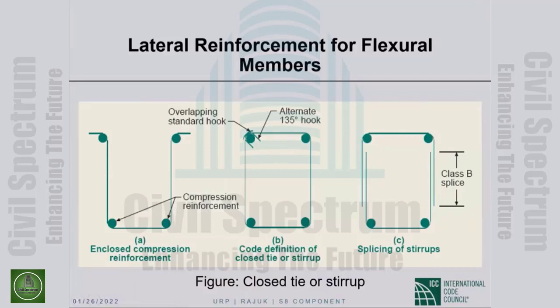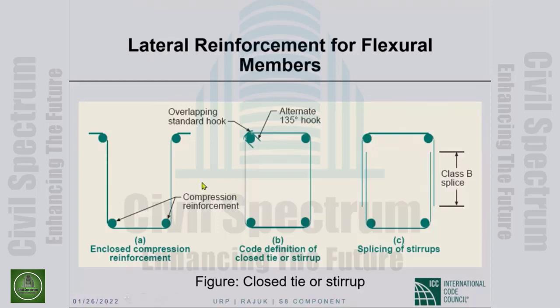Okay, and we say alternate because we will typically place the hooks on the left face and then on the next one on the right face, or you can have two-piece hoops like that where the two U's are lap spliced with a class B splice. So these are the choices of lateral reinforcement in flexural members.